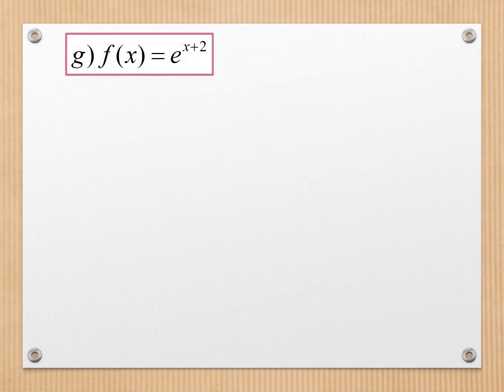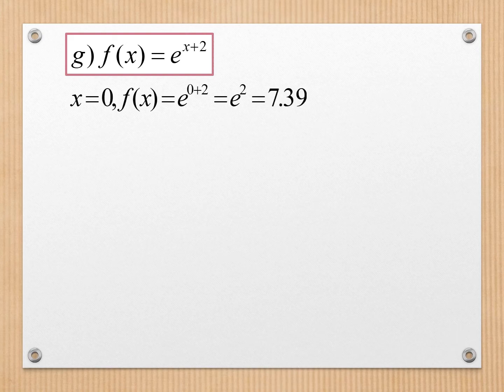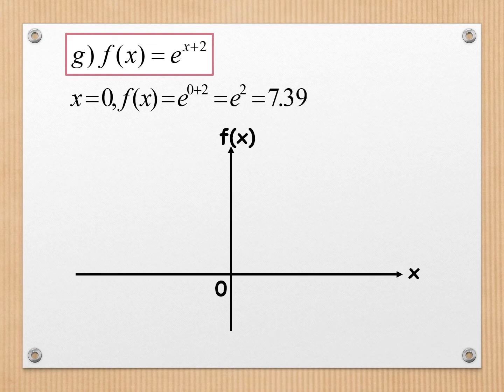Let's look at solution G. f(x) equals e to the power x plus 2. So first, we find the y-intercept by substituting x equals 0. So then we get f(0) equals e to the power 0 plus 2, which is e squared, around 7.39. And then, when x is approaching positive infinity, f(x) is approaching positive infinity.